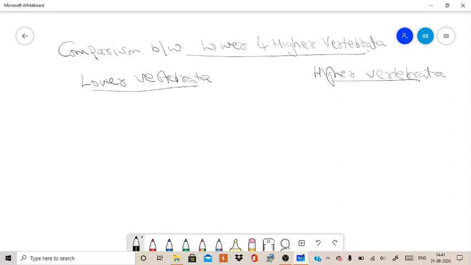The lower vertebrates are also known as anamniotes, and the higher vertebrates are also known as amniotes. As we have already discussed in previous videos, the amnion is an amniotic membrane which provides protection to the embryo, and it contains amniotic fluid.